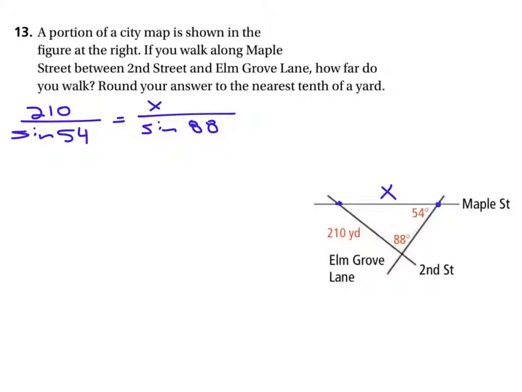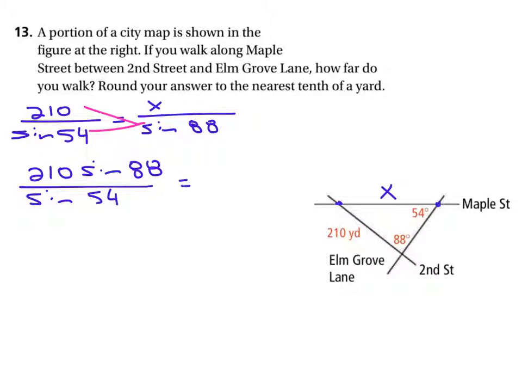Continuing to do what we did before. We know this and this, so that times that divided by that. So 210 times sine of 88, all divided by sine of 54, equals that x, that length.